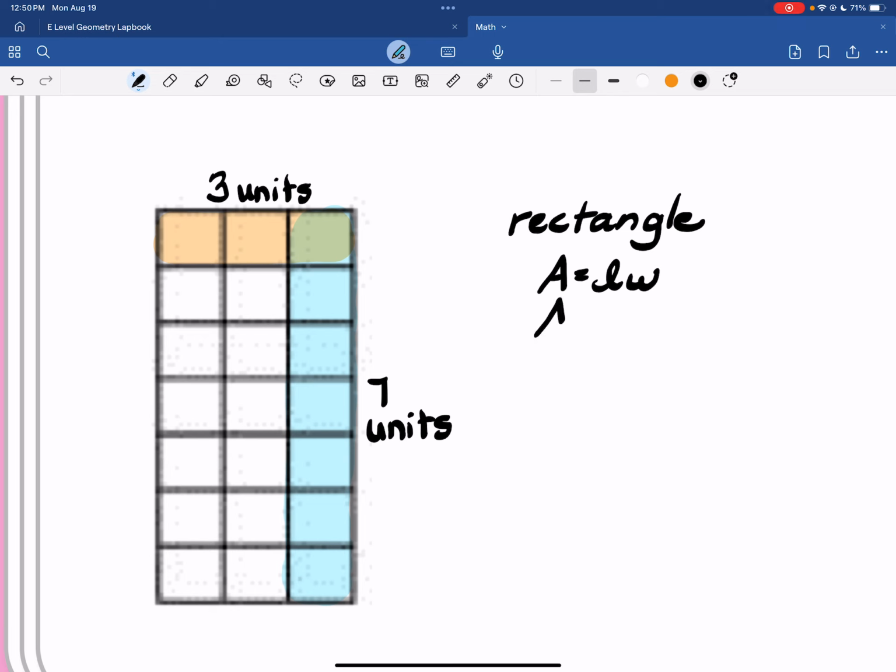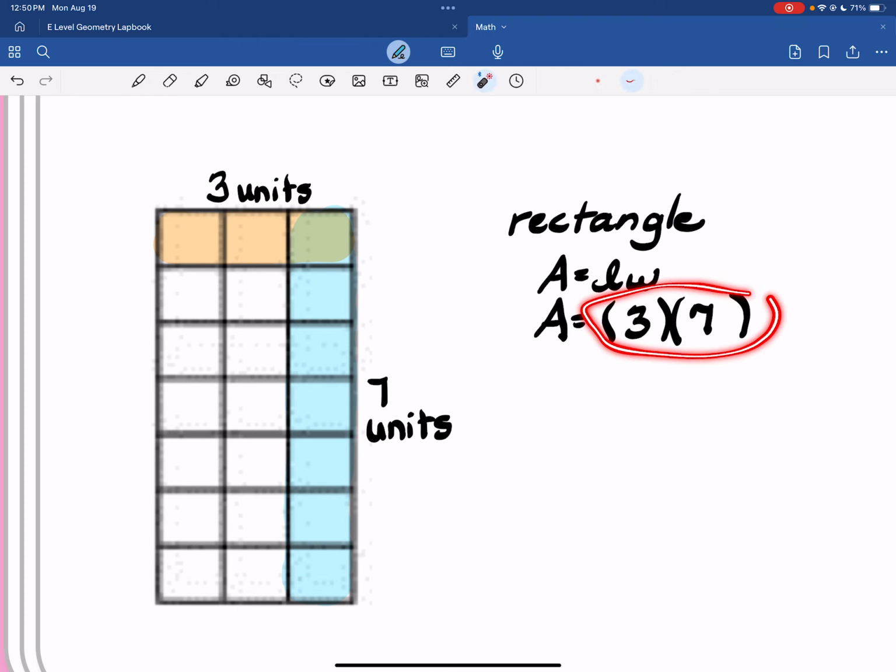So the area is going to be the long side times the wide side, 3 times 7, and this parentheses setup means to multiply. So area is 3 7s are 21 square units.